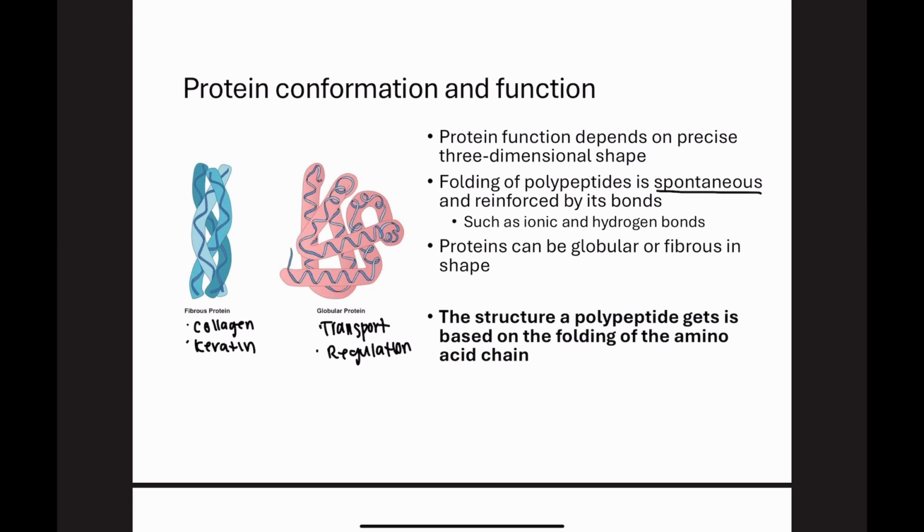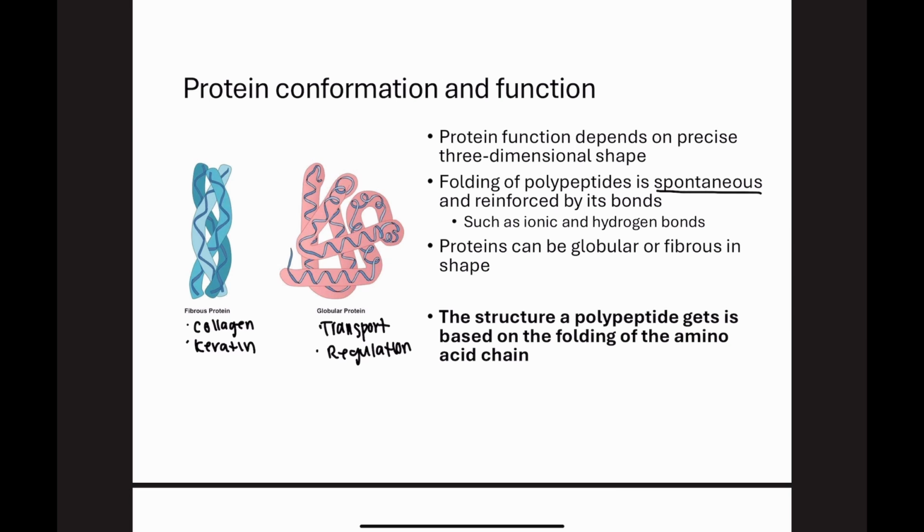So in almost every single case, a protein's ability to function is going to depend on its shape. And proteins, when they misfold, often lose their functionality, and that can lead to severe consequences and diseases.